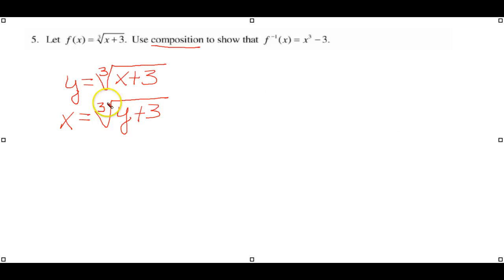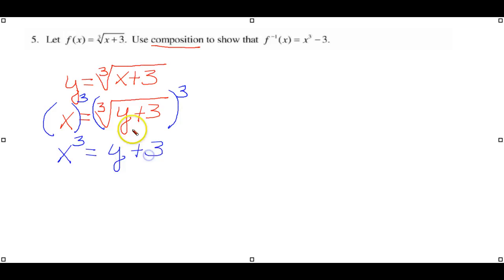Well, how do we get the y from under the radical? Well, you may recall we have to raise this to the index number power, and if we do it to that side, we must do it to this side. So we now have x to the third equals y plus 3. That is the radicand.